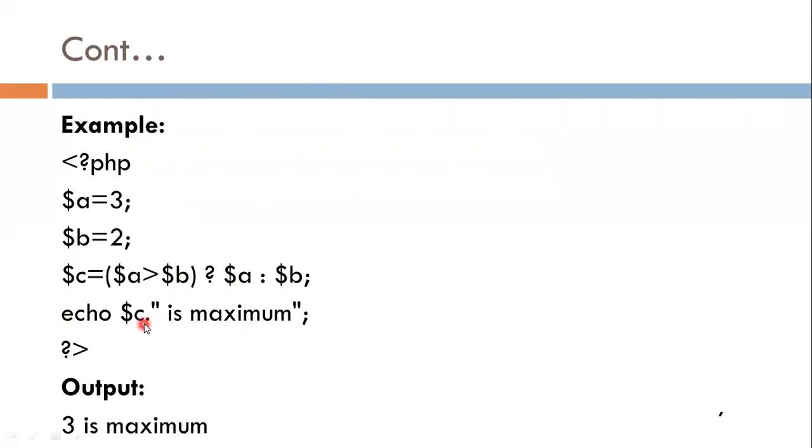So the output is 3 is maximum. So this is the practical of finding the maximum number using two integer numbers, and the same practical may also be written using an if-else statement. Thank you.